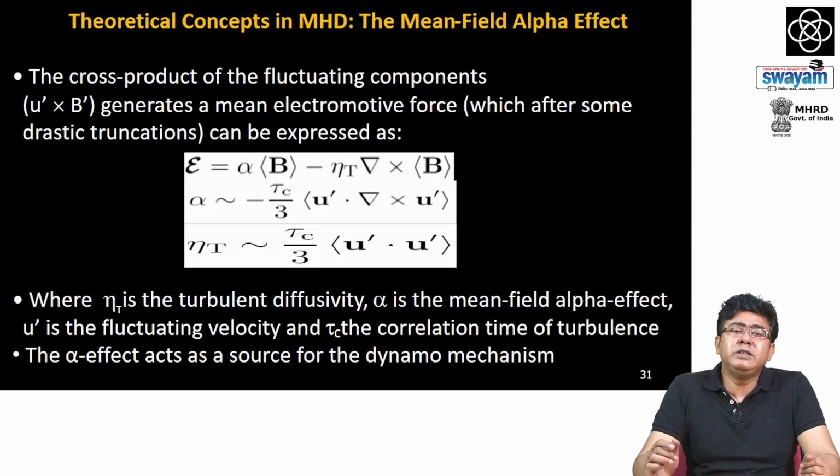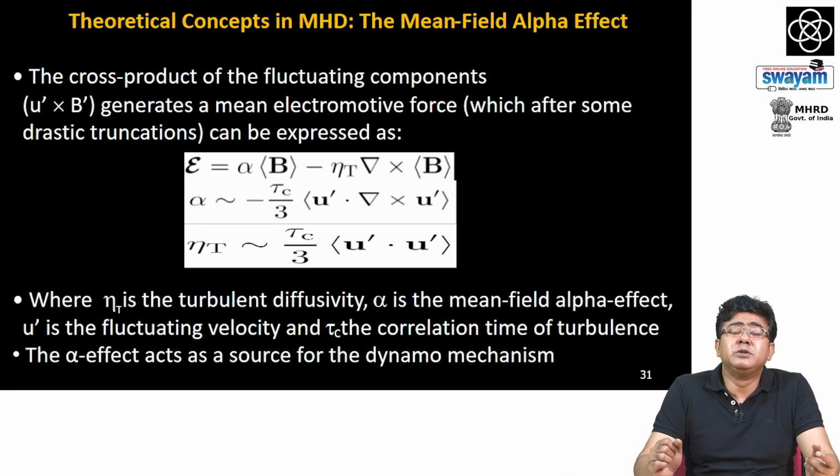So, the way this occurs is that the alpha effect powers what is known as a mean electromotive force, which is the source responsible for the creation or destruction of magnetic fields, and the interplay of the mean field alpha effect with the turbulent diffusivity provides the balance which tells you whether magnetic field creation is possible or not.